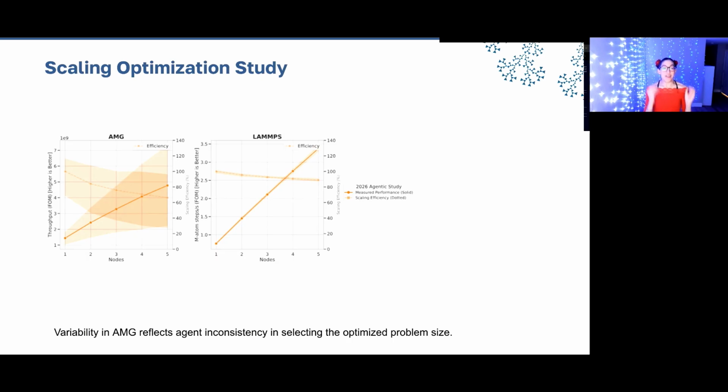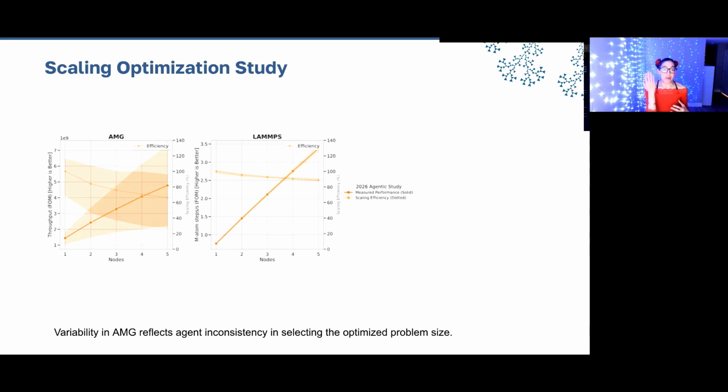We're asking it to figure out the biggest problem size that it can support at one node. So what this meant for AMG is that it came out with different problem sizes. So we're seeing plots, especially for AMG, where we're not comparing apples to apples. We're seeing AMG run the same problem, but with different matrix problem sizes, different dimensions. And so that's why the variance is much higher on the left.